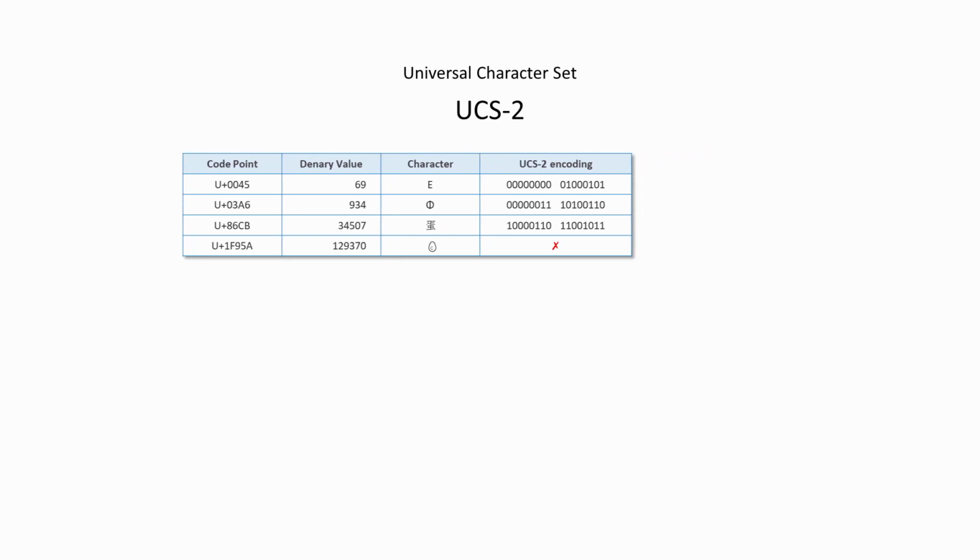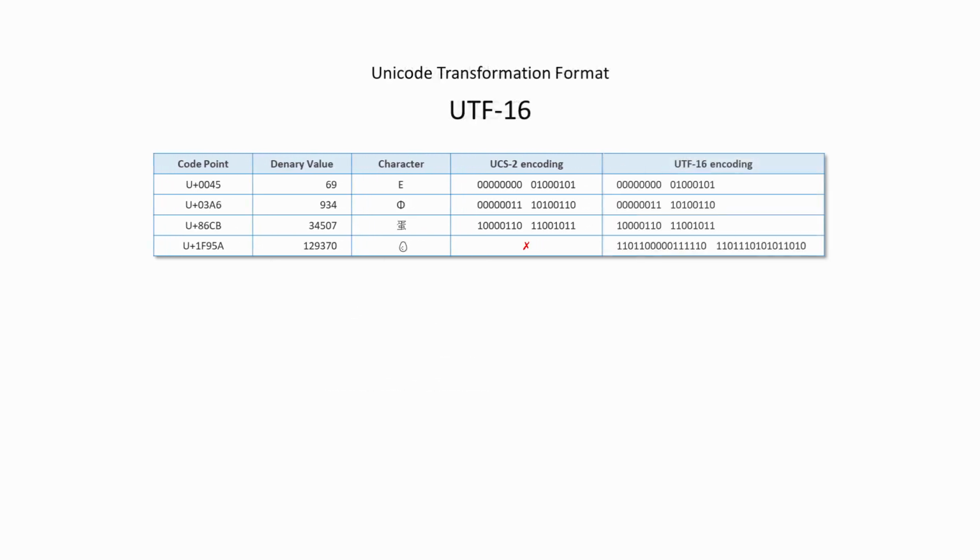In 1996, the Unicode transformation format was introduced. An encoding called UTF-16 promised to address the limitations of UCS2 because it was a variable length encoding that could use either 16 bits or 32 bits. The majority of characters that could be encoded with 16 bits by simply converting the code point into regular binary are encoded in that way.